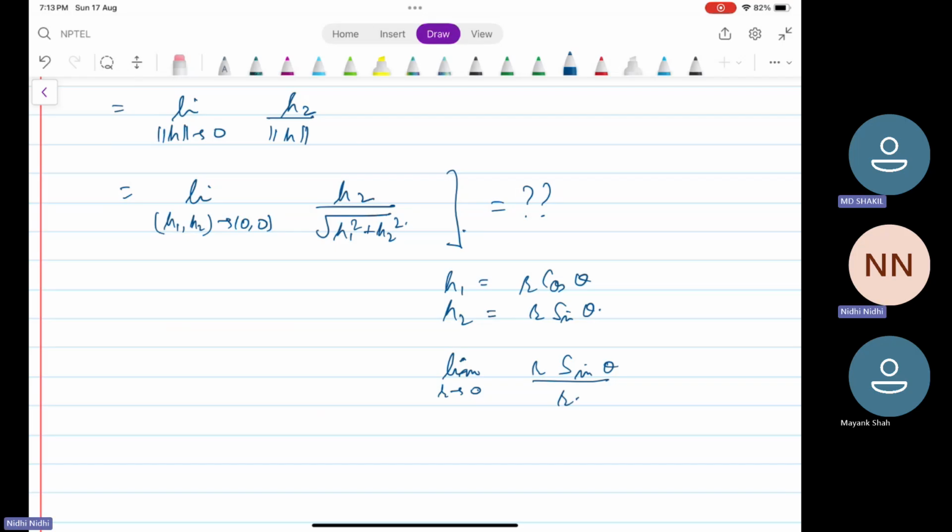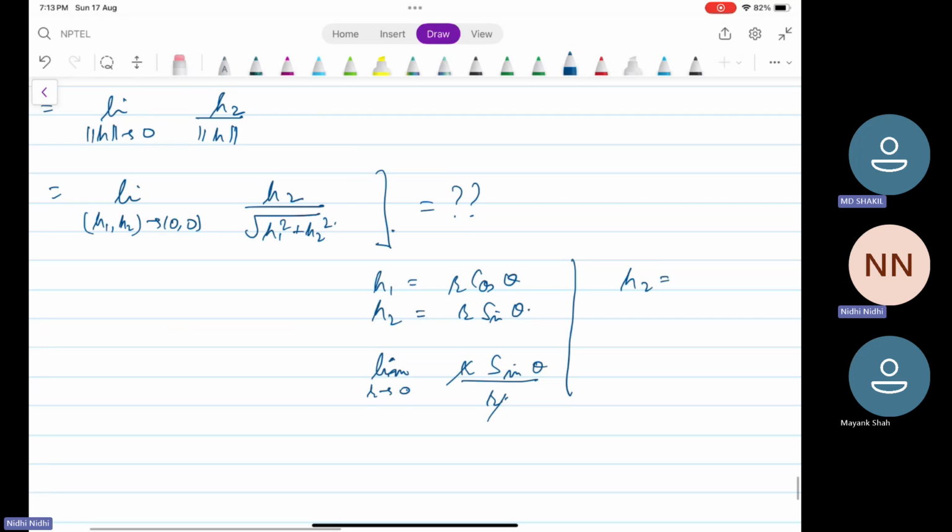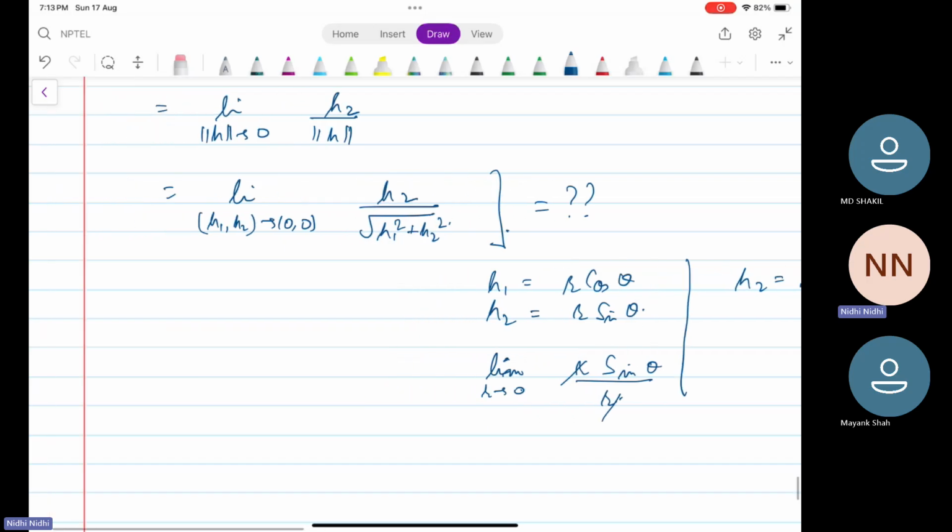The r's cancel. And now this limit does not exist because theta can take any value. Or you could see that along the path h2 equals m h1, the limit will depend on this slope m. So this limit does not exist.